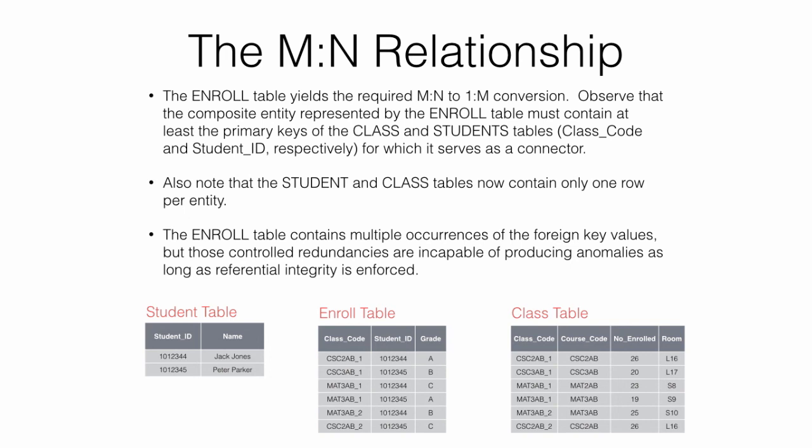You can also see that the students and the class tables now contain one row per entity, and the enroll table contains multiple occurrences of the foreign key value, which is fine because it's not unique, but those controlled redundancies are incapable of producing any anomalies as long as the referential integrity is enforced.